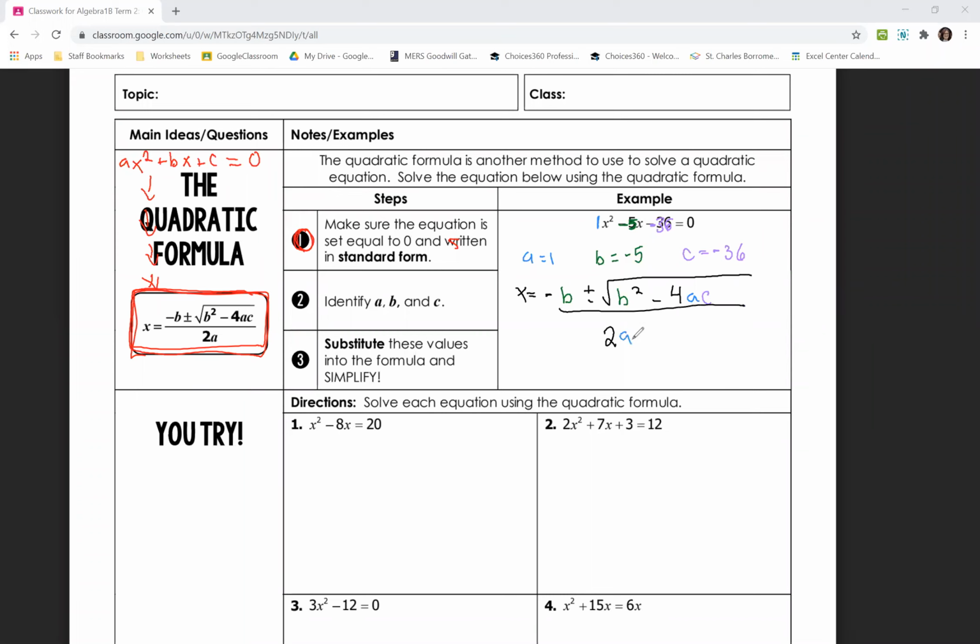I kind of color coded it because whenever we have a really crazy formula, it's nice to be able to see those colors and see what numbers we have to plug in there.